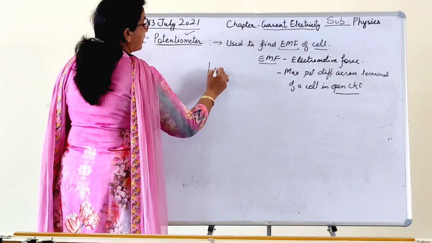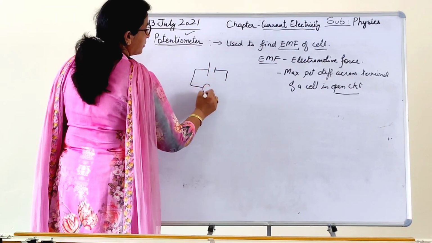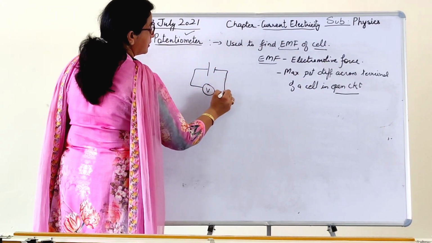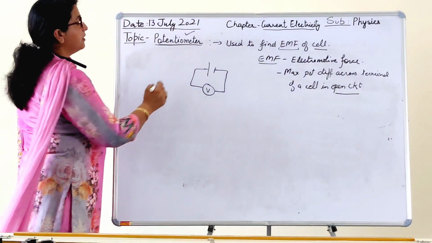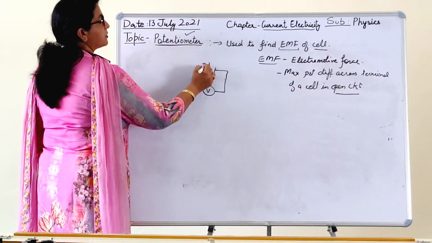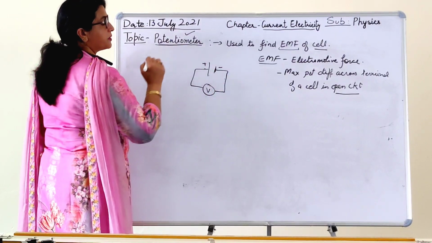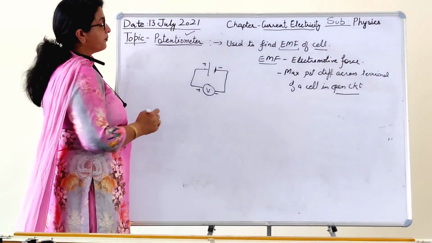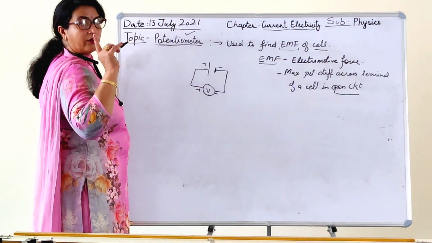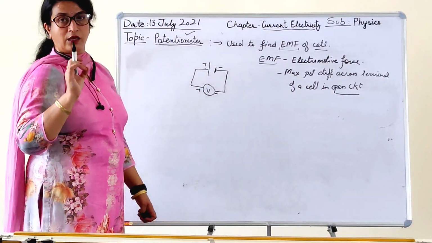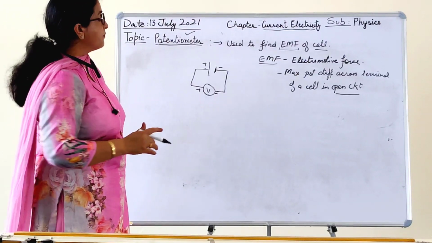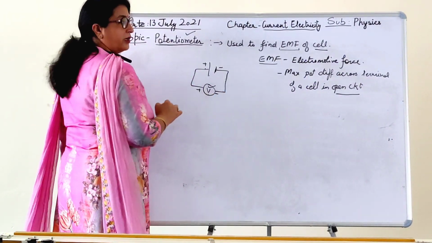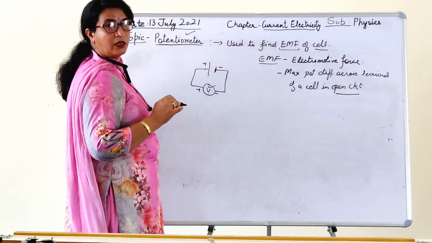By simply connecting a voltmeter with the terminals of a cell, this is the positive terminal, this is the negative, the reading of the voltmeter will never give us the EMF of the cell, because the voltmeter may not be ideal.